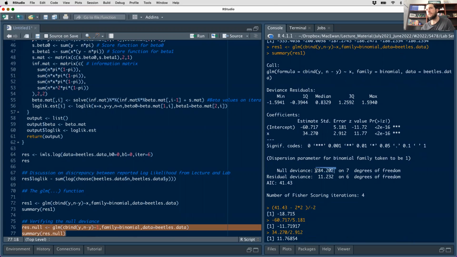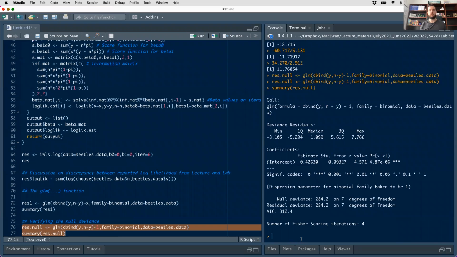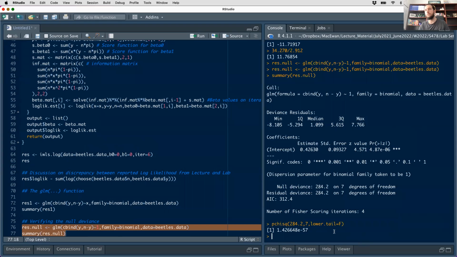And in this case, there's overwhelming evidence that we would require the maximal model compared to the null model, as this particular test statistic is going to give a p-value on 7 degrees of freedom of basically 0, right?